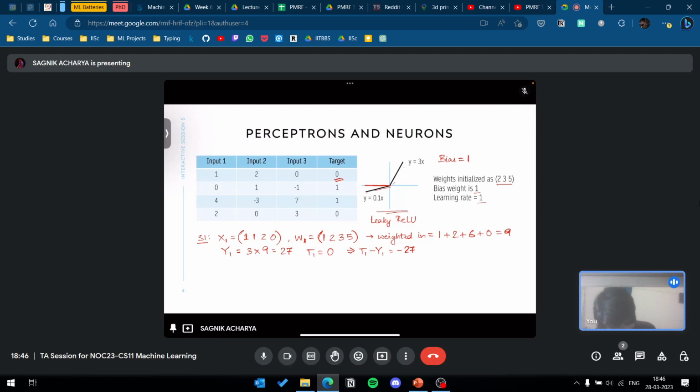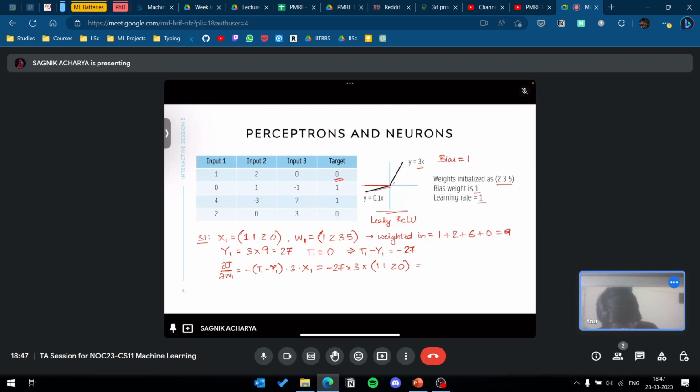So I'll calculate del j by del w1, which is equal to minus of (t1 minus y1) times k. Here y is equal to 3x, so k is equal to 3. So this is equal to minus of minus 27 into 3 into my x1 here, which is 1, 1, 2, 0.